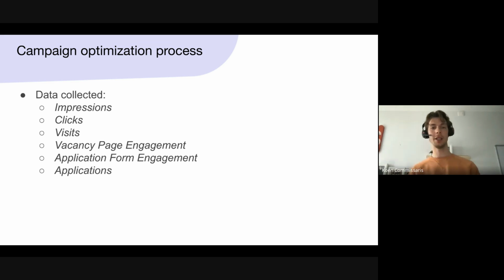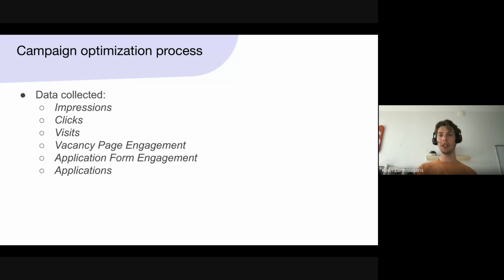On that landing page, which is the vacancy page, we also measure how engaged users are. So do people spend much time on the vacancy page, or do they immediately leave? But also, to what extent do they scroll through the page as an indication that they actually read your page's content?